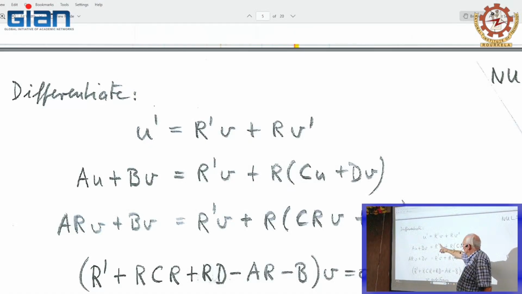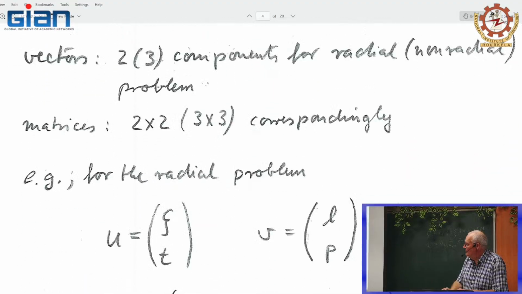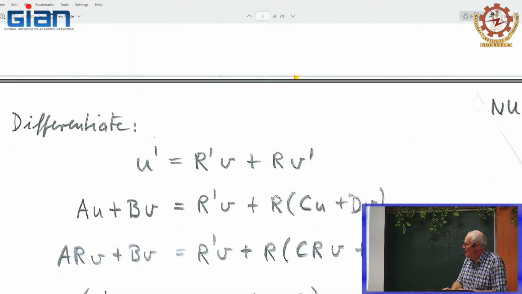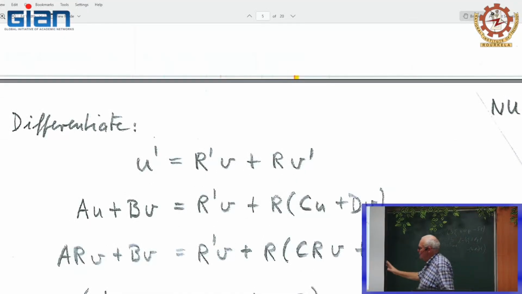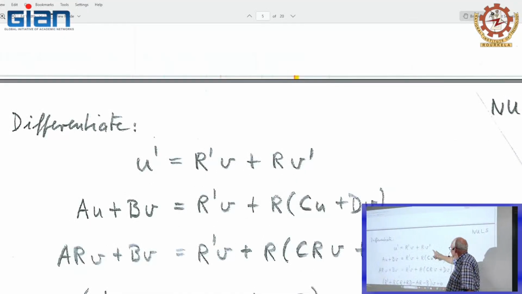For U dash, we have the original equation: U dash is AU plus BV, and V dash is correspondingly given by CU plus DV. U is R times V by definition.